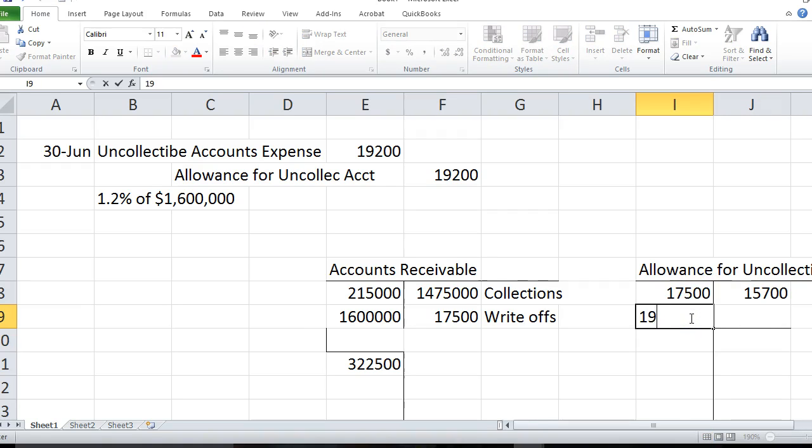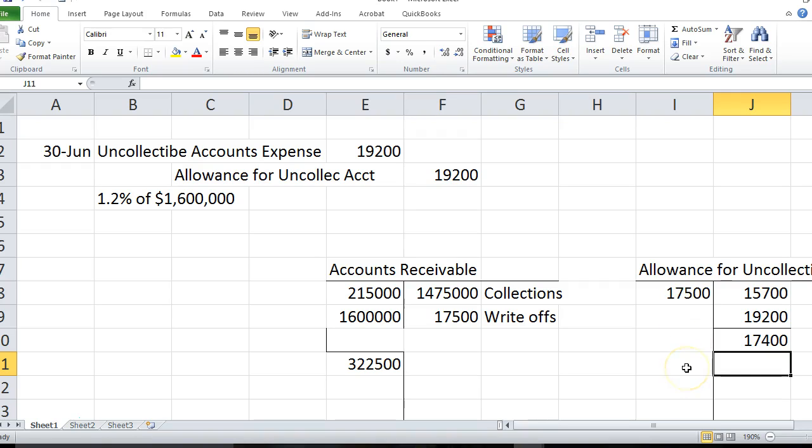So our 19,200 credit ends up giving us a new balance of what? $17,400 after this journal entry. Okay?